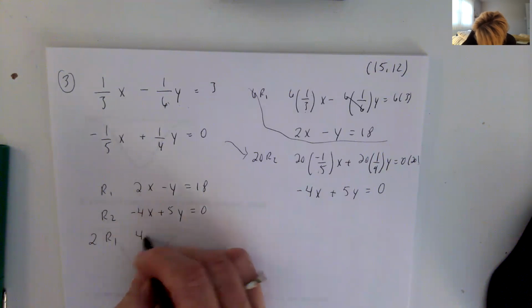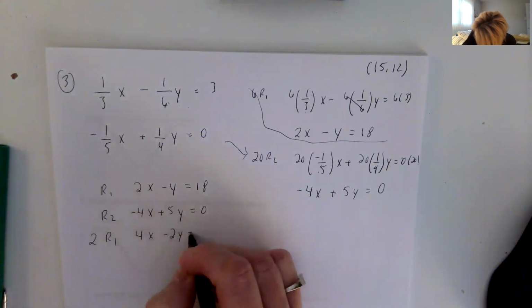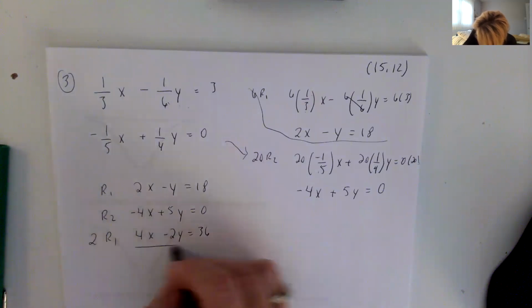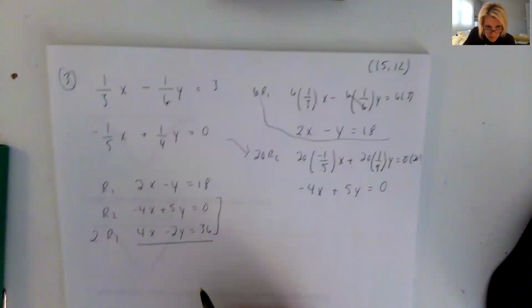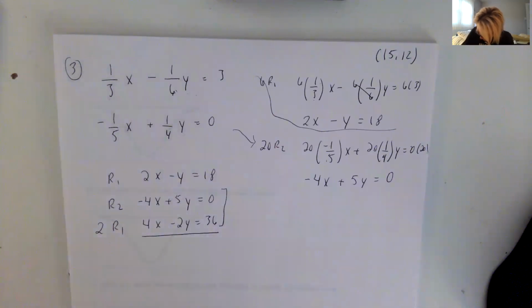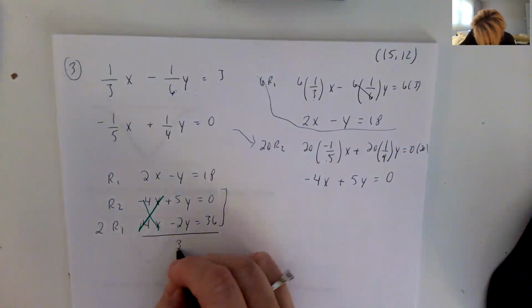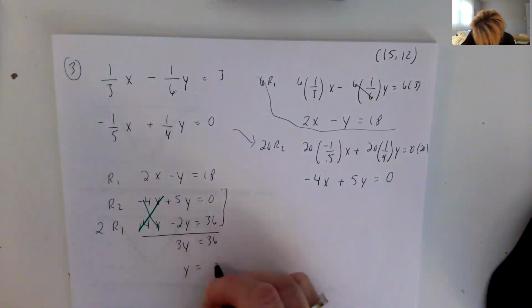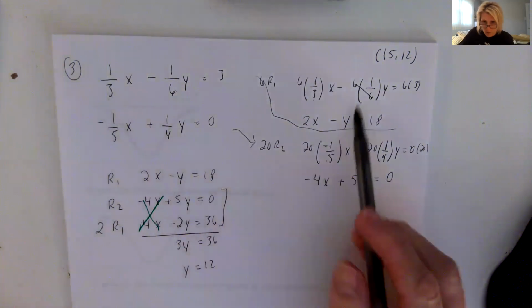So that's going to be 4x minus 2y equals 36. And then I'm going to add these two here because I modified row 1. So my x's eliminate. I'm left with 3y equals 36. And when we divide by 3, we get y equals 12, which is what we had.